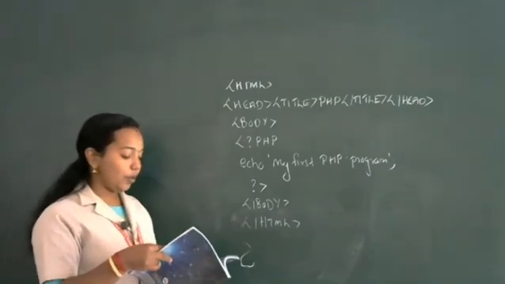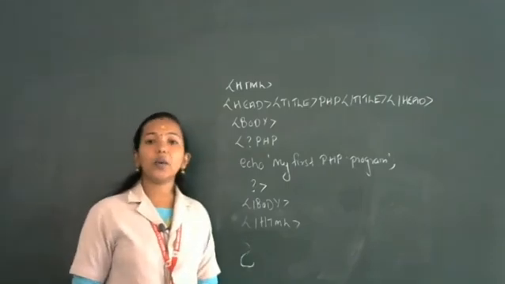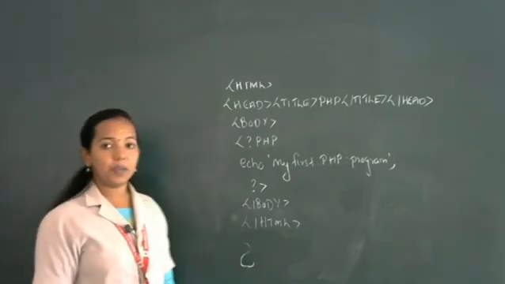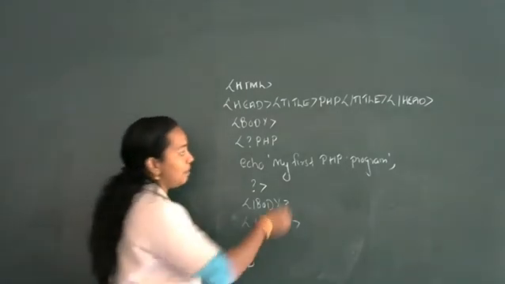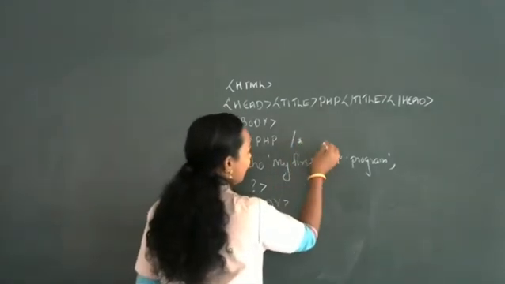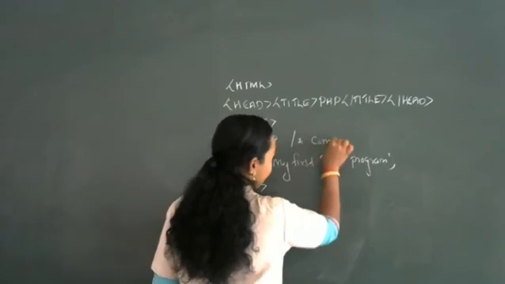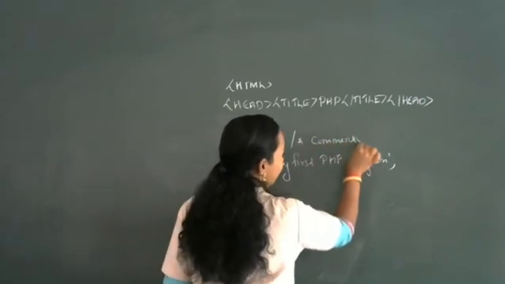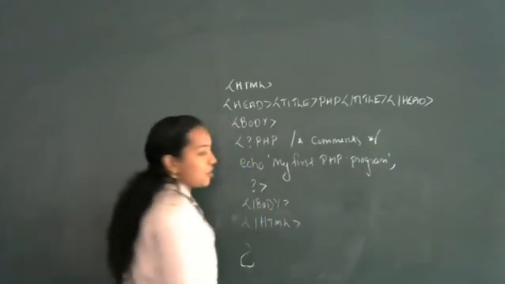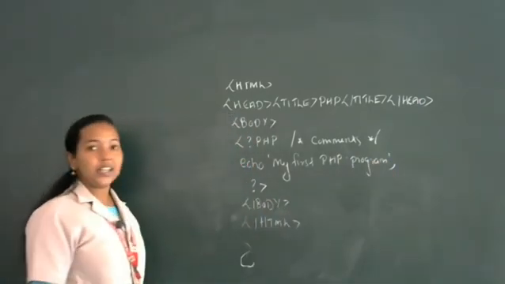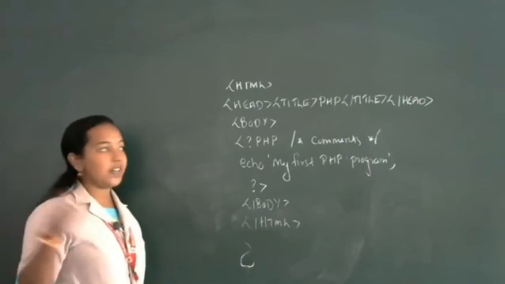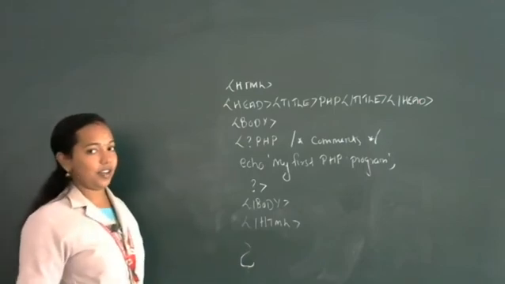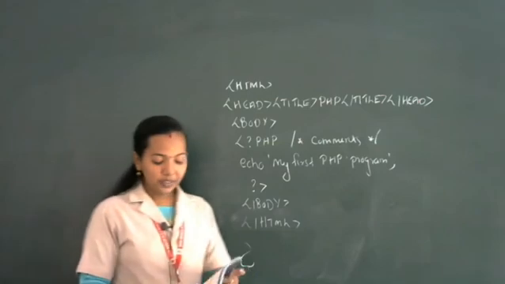Then one more thing is how we include comments in a PHP program. For including comments in a PHP program, we use the symbol /* to begin a comment and */ to terminate it. Okay, how are we including comments? /*, write the comments, and once the comment is over, */. Okay, clear?